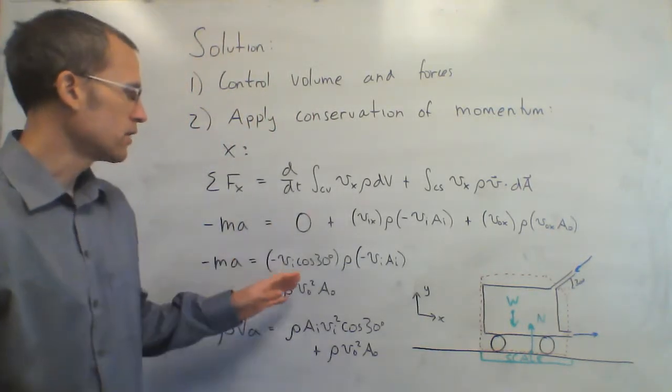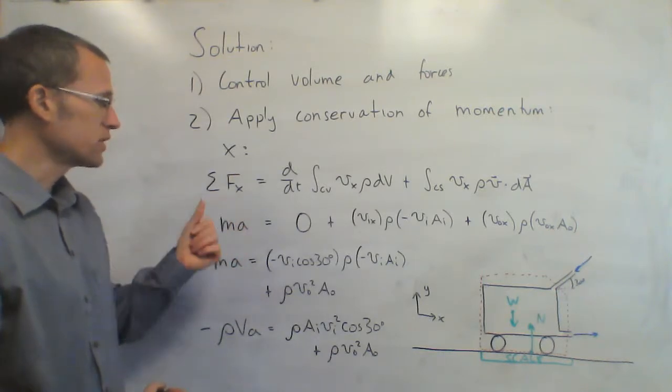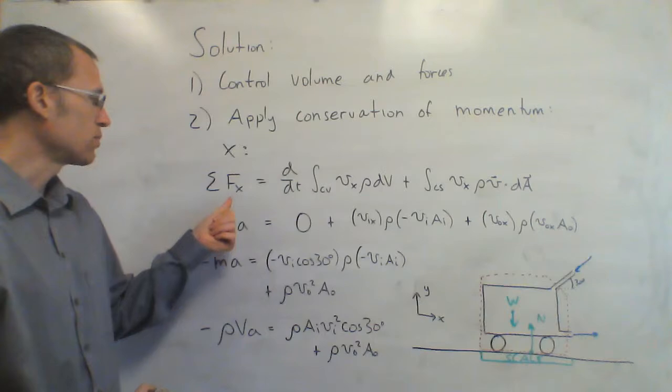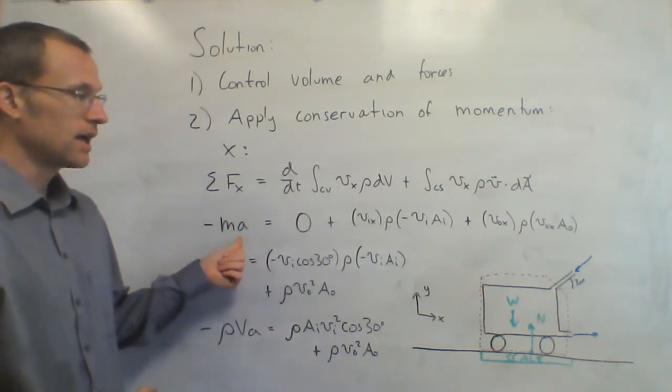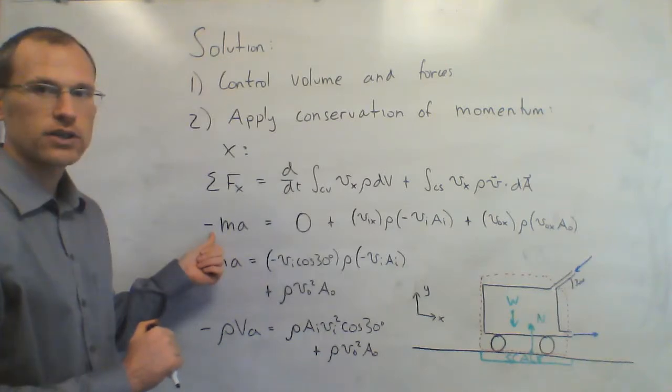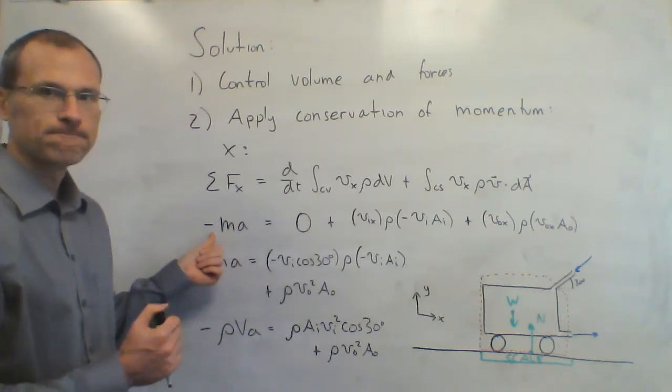So putting that together, sum of forces, I don't actually have any force in the x direction, but I do have an acceleration, so I can replace my forces with an acceleration. Minus, because it's going to accelerate in the negative x direction, I'm assuming, and I'll be right.